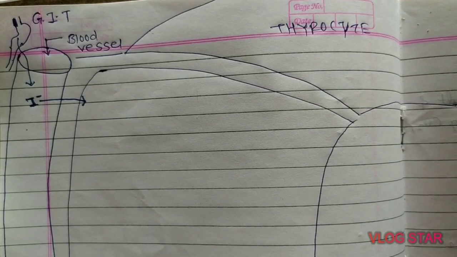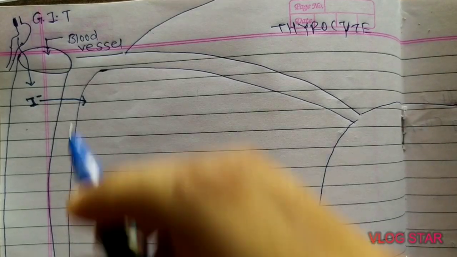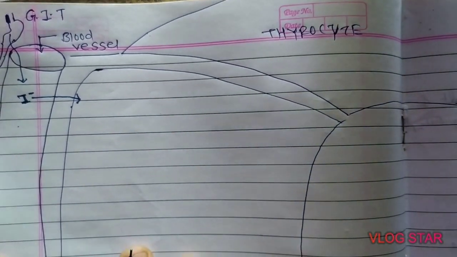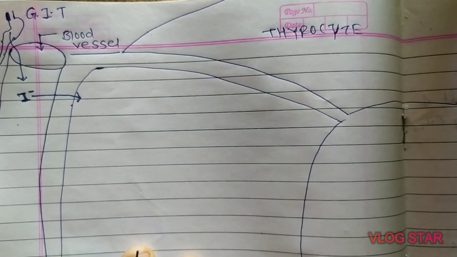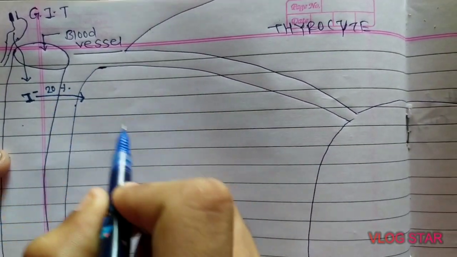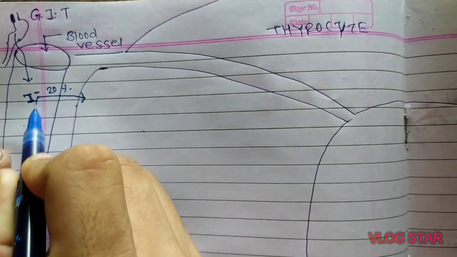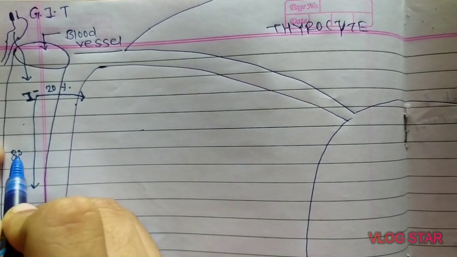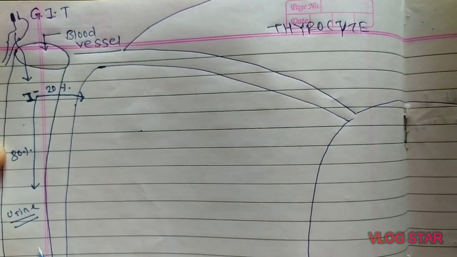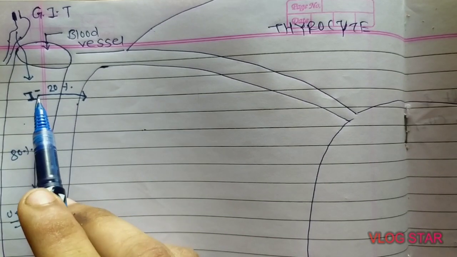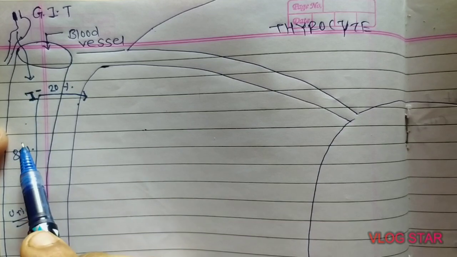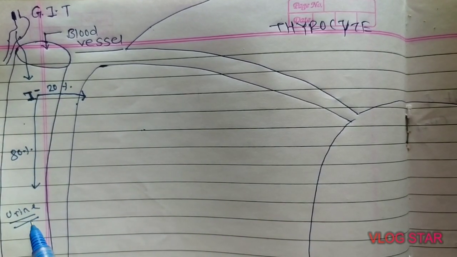Of the whole iodide, about 20% is taken up by the thyrocyte cell and the remaining 80% is excreted in the urine.